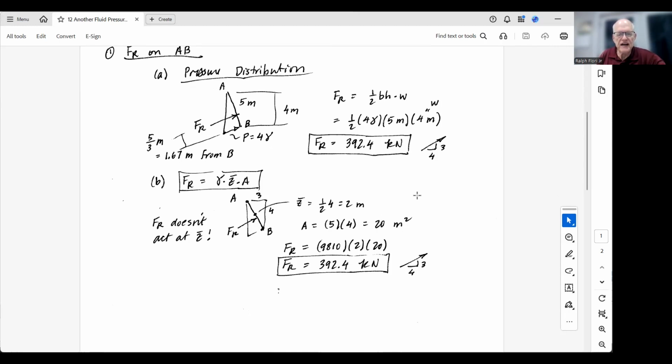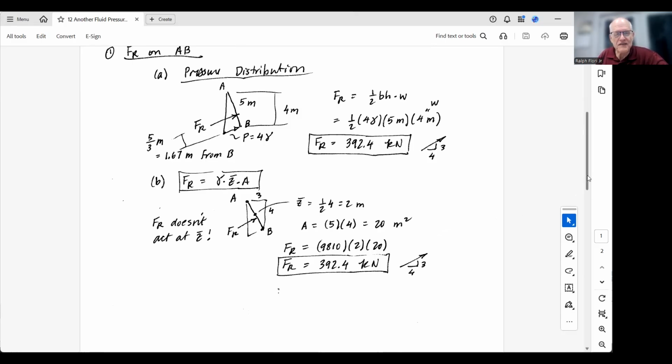And gamma is 9810. So the FR is equal to 9810 times Z bar, which is 2, times the area, which is 20, and our FR is 392.4 kilonewtons. Again, it acts perpendicular to the plate, so it's at a 3, 4, 5 slope. Pretty easy, isn't it?